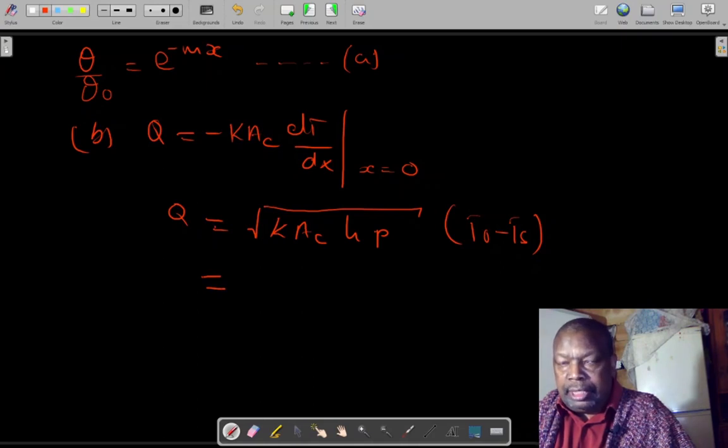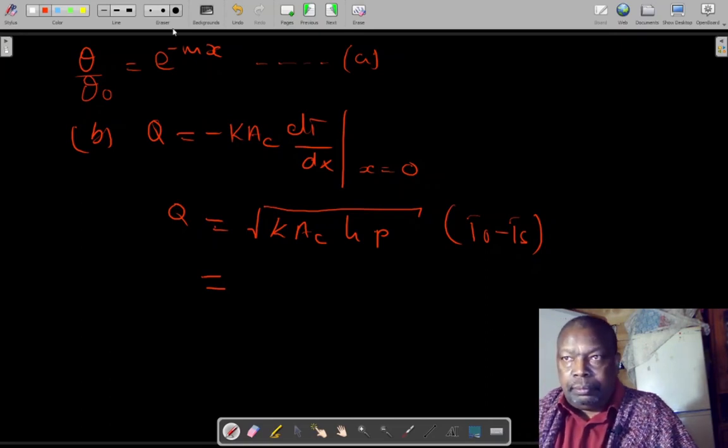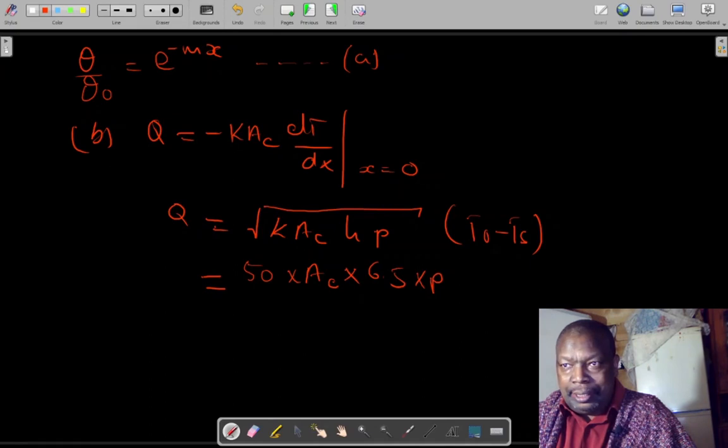So for this particular case, that is equal to the square root of K, which is 50, times area Ac, times h, which is 6.5, times the perimeter P, times 60.